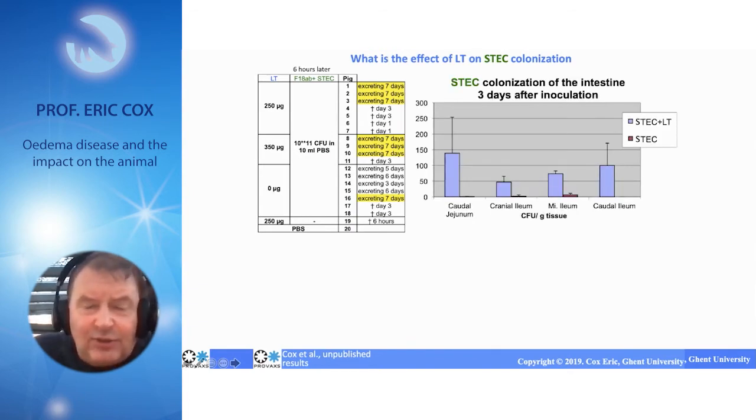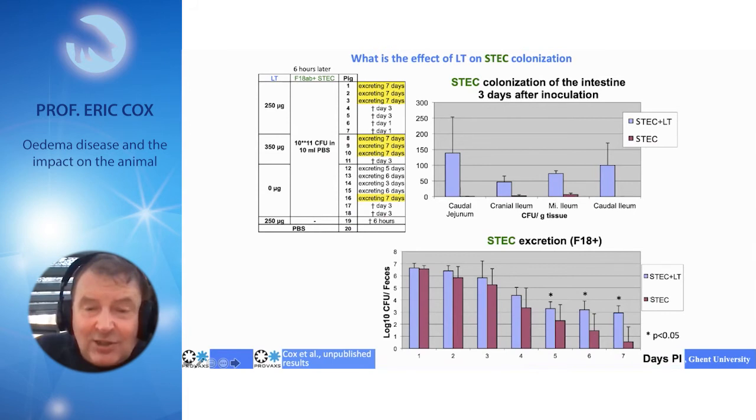So also, if you look at colonization in the intestine, the gray bars represent the animals that have been first treated with the LT enterotoxin and then infected. And you can see that the ones that have been pre-treated with the LT enterotoxin show a much stronger colonization than when there is no LT treatment. And this is also expressed in the duration of excretion.